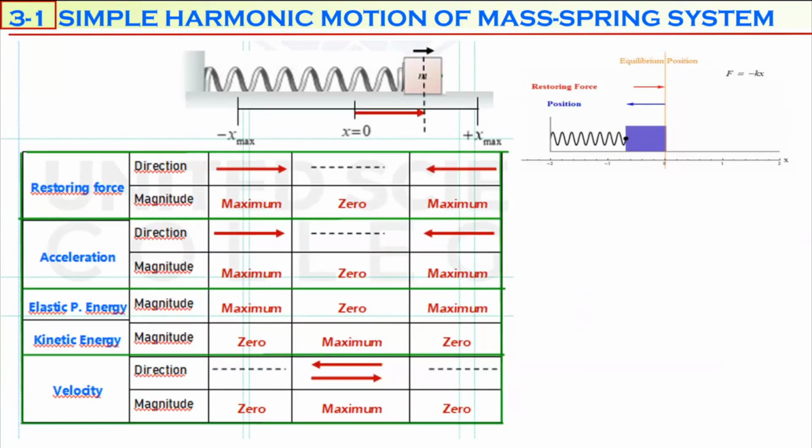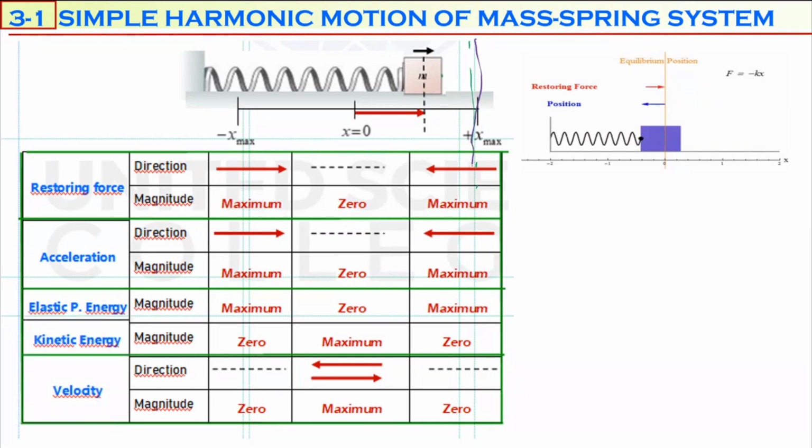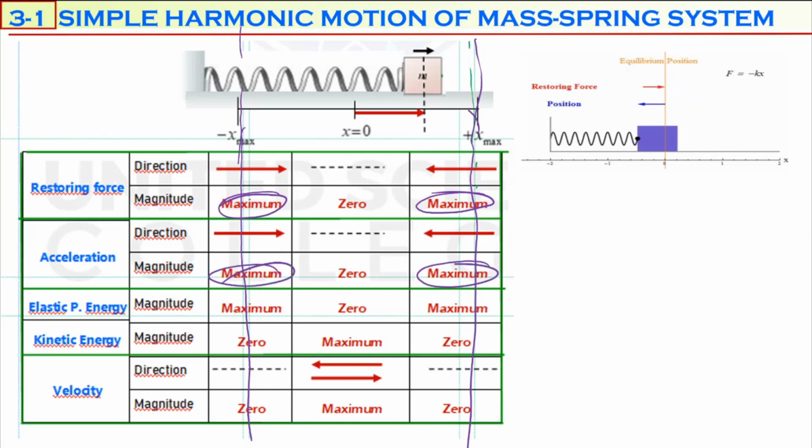So, three positions. One position is maximum stretch, positive x maximum. One position is maximum compression. At these two positions, restoring forces are maximum, only the directions are opposite. Accelerations are maximum, directions are opposite.